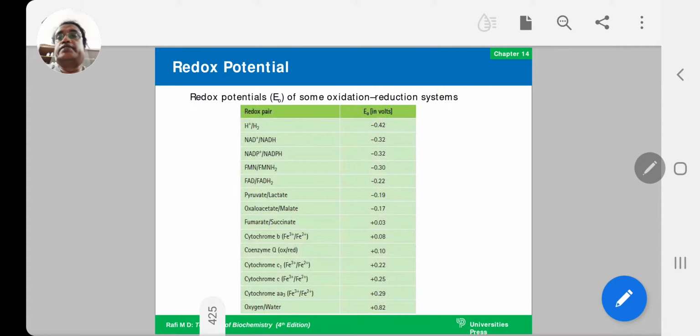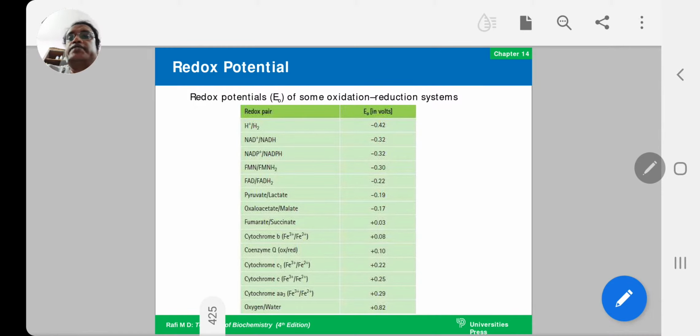In oxidation reduction reactions, the free energy change is proportionate to the tendency of the redox pair to lose or gain electrons. This tendency can be quantitatively measured in terms of oxidation reduction potential or simply redox potential. It is measured at standard condition, that is pH 7 and 25 degree centigrade temperature.